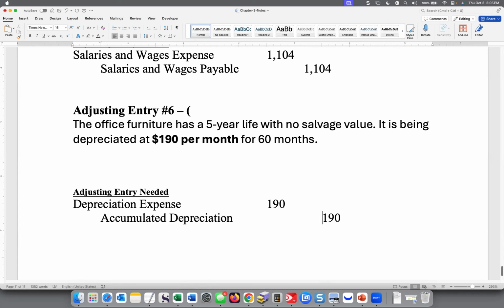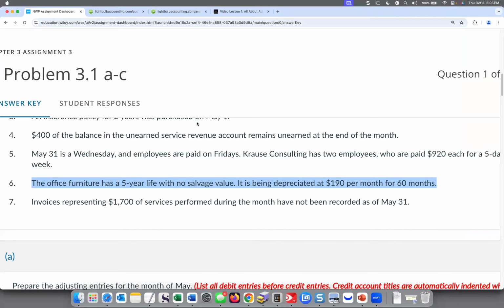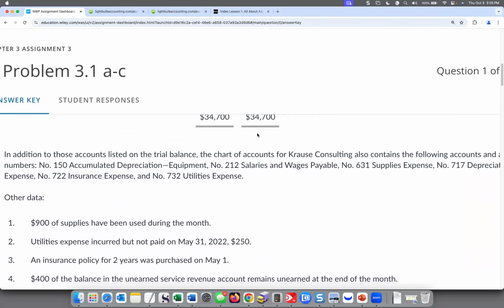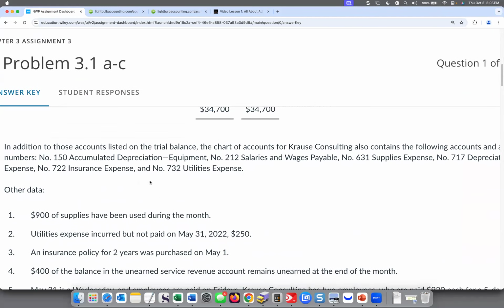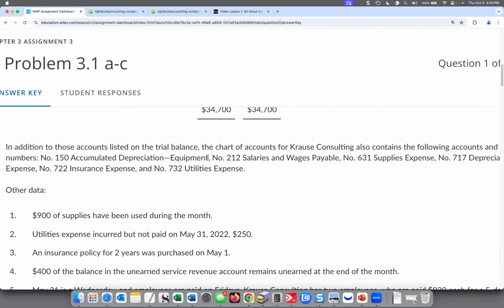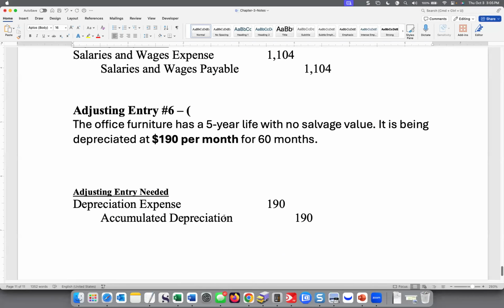Now, this one, whoops. Okay. Well, that's different. Why did that go down there? Okay, Zoom, throwing curveballs at me today. All right. Now, when we go into the problem, we want to make sure that we got the right account title. So it's actually depreciation dash equipment, right? So we got to add the dash equipment in there. Just be mindful of that.